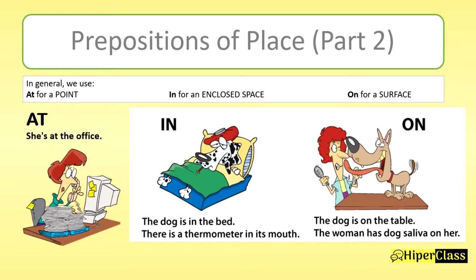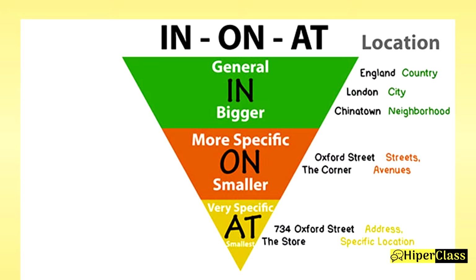In, on, at. In general, we can use in when we are talking about a big place. For example, countries, cities, and neighborhoods. As a country, we can have, for example, England. As a city, London. As a neighborhood, Chinatown. On is used for more specific things, or smaller than in.